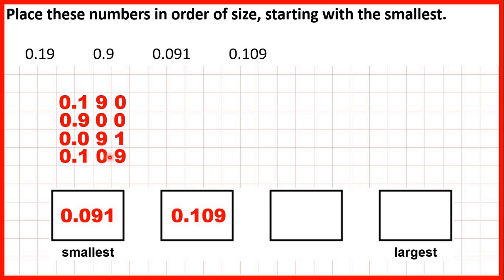So that means 0.109 is next smallest, and then we have 0.19. 0.9 is our largest number because it has 9/10, and all of our other numbers either have only 1/10 or 0/10.